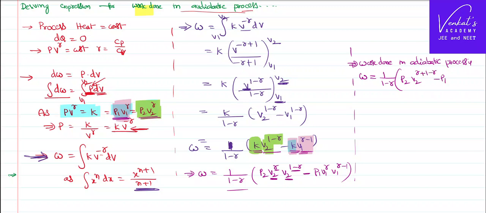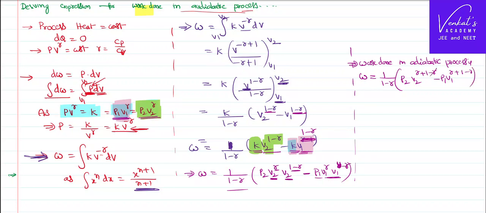Similarly, minus P1 V1^gamma, V1^(1-gamma). Here also V1^(gamma+1-gamma).